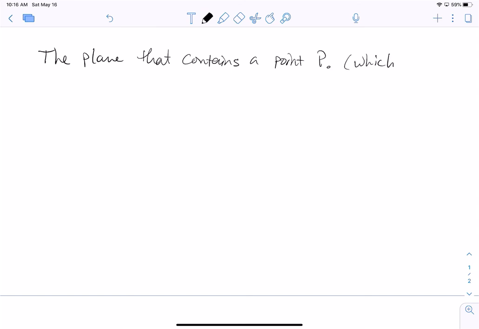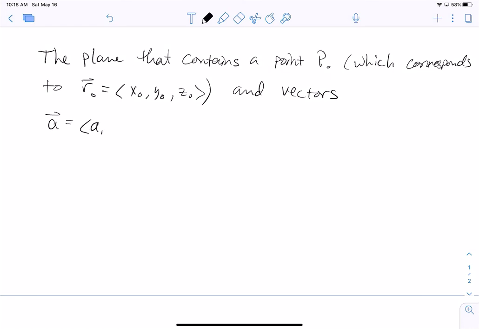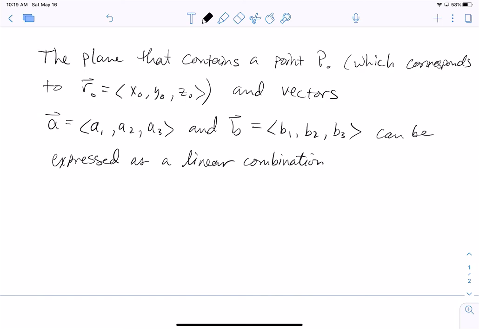Let's look at how we can parameterize something kind of basic. The plane that contains a point P naught, which corresponds to the vector r naught, which is given by x naught, y naught, and z naught, and vectors a given by a1, a2, a3, and b given by b1, b2, b3 can be expressed as a linear combination of a and b. r of u,v equals r naught plus ua plus vb.